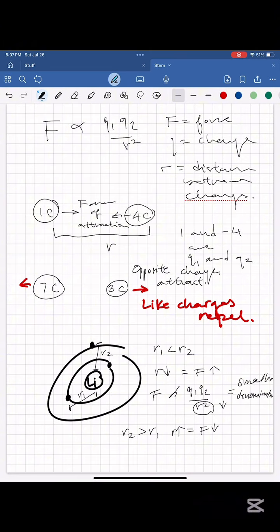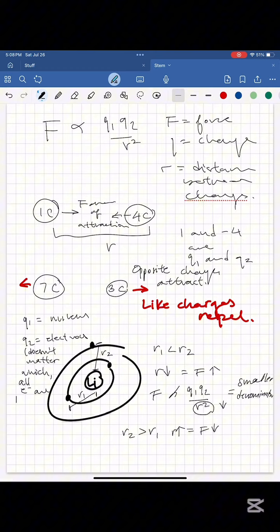Okay, so now you might be thinking, what about the Q's? Well, actually, in this example, it doesn't really matter because the Q1, let's just say that that's the nucleus, is one set charge, and Q2 is the electron. And it doesn't matter which electron because all electrons are the same charge, 1.6 times 10 to the negative 19. So the Q's here, no matter which electron we're comparing to the nucleus, they're all going to be the same charge.